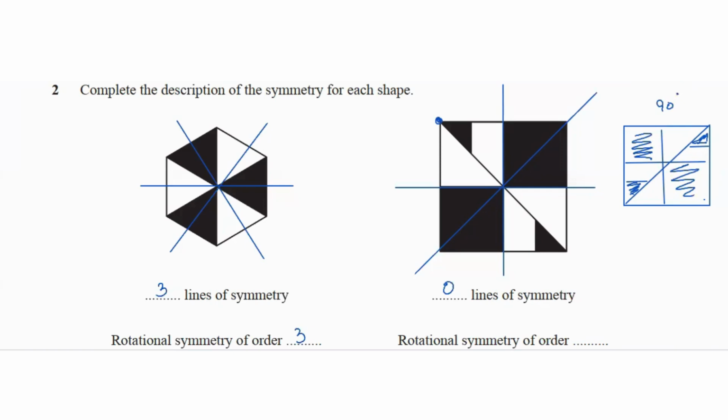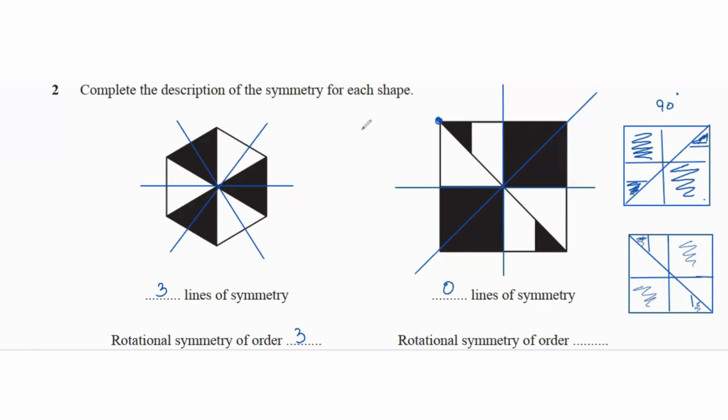Now if you rotate it again, your triangle is going to come back over here. So as you can see, when we rotate it at 180 degrees, the shape comes back to its original point.